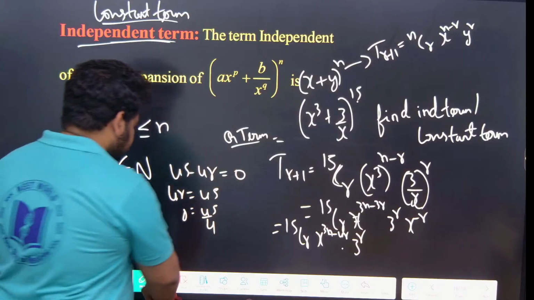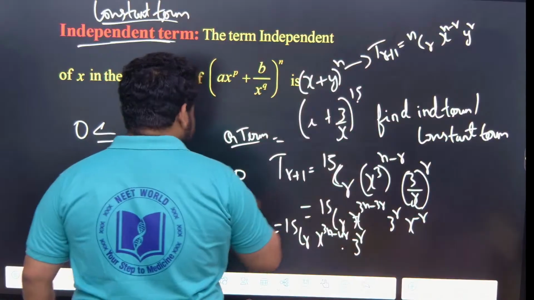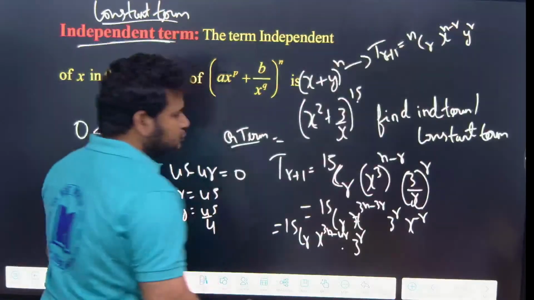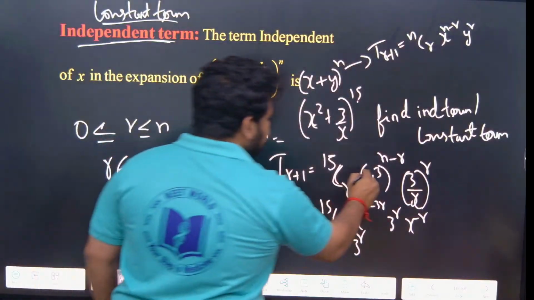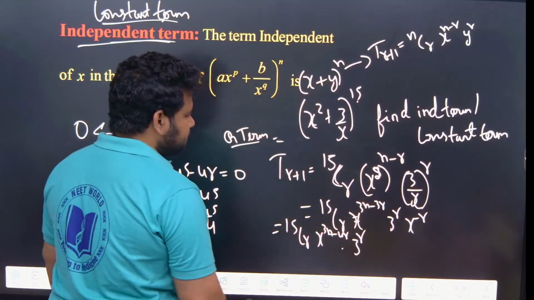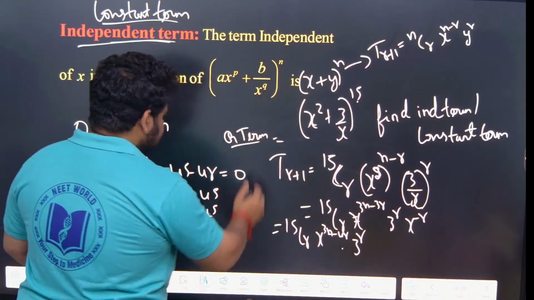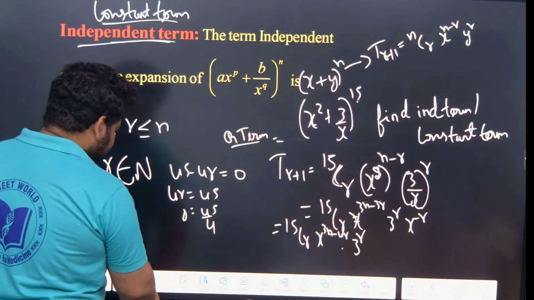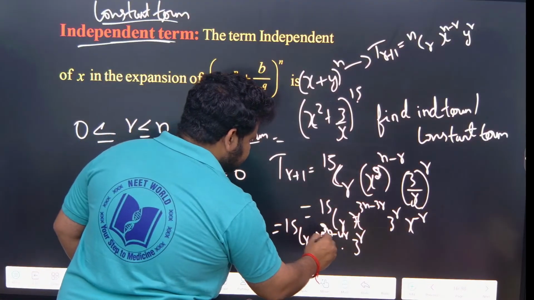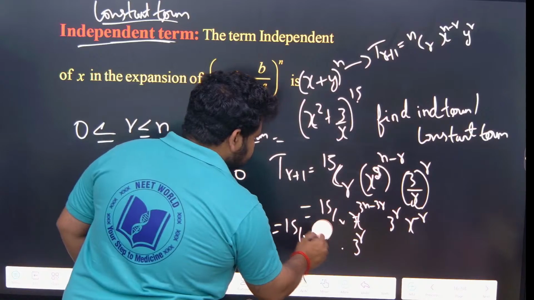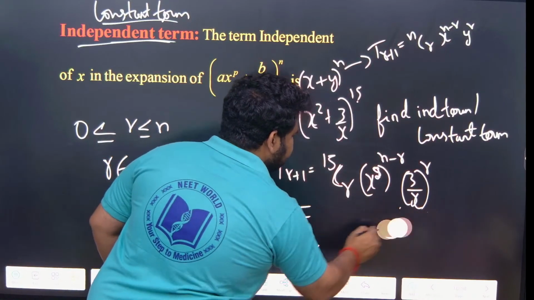So for the same question, instead of cube, if I make it x square, now solve it. This will become 2n minus something.